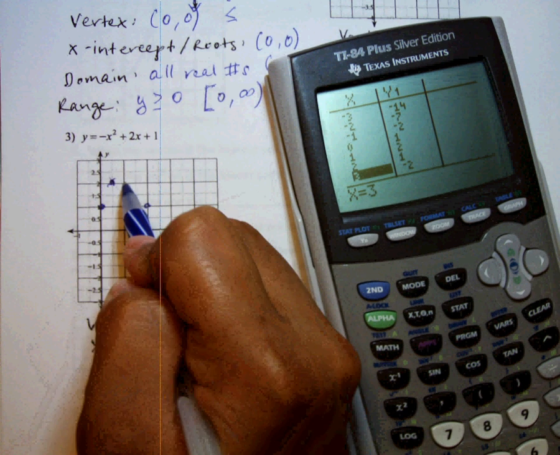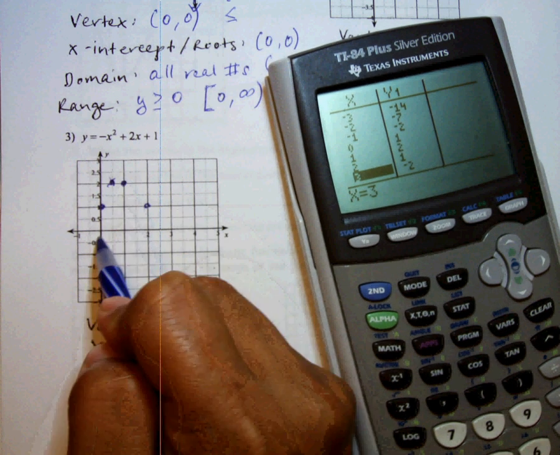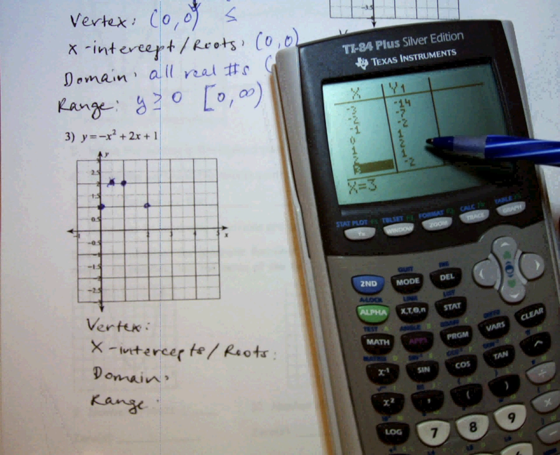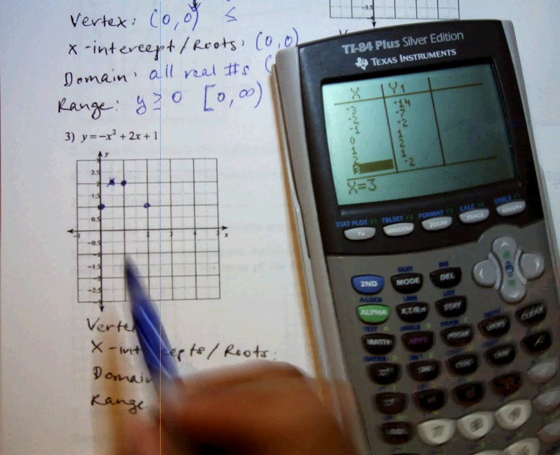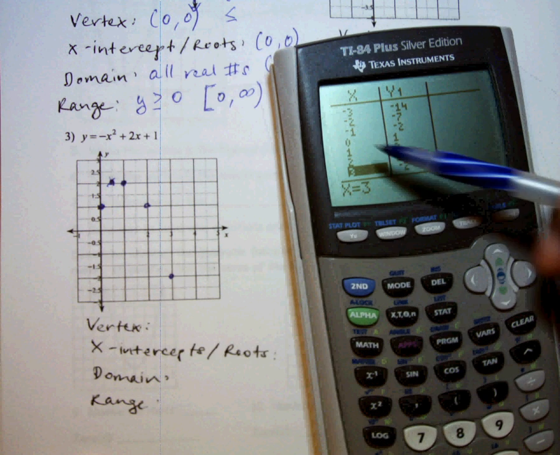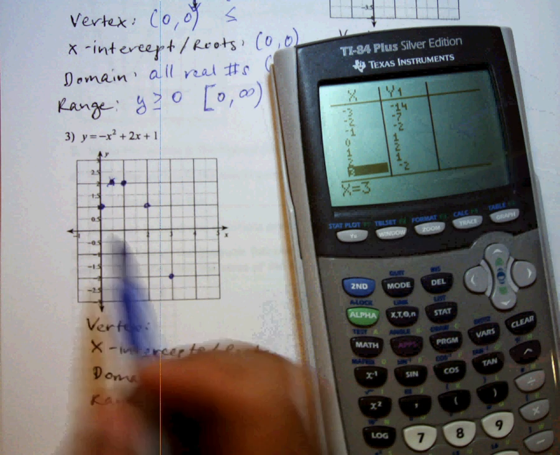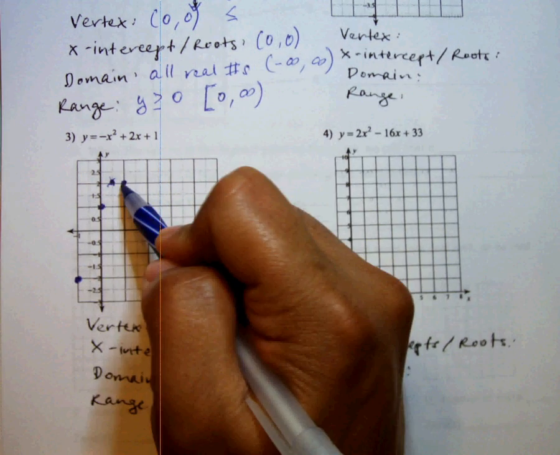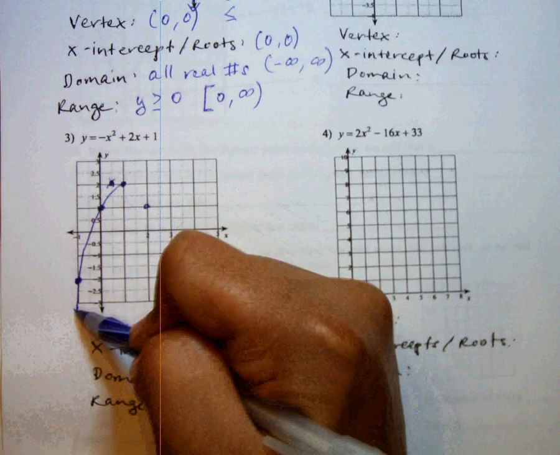This is supposed to be 1. Cross this out. This is 1, comma, 2. And then I'll do the same thing. 3, comma, negative 2 here. And then negative 1, comma, negative 2 right here. And so here's my parabola.